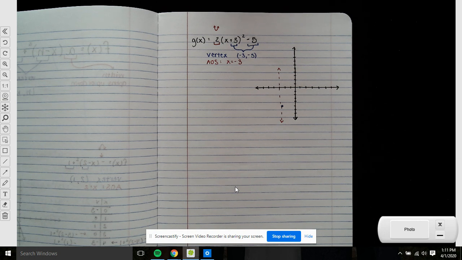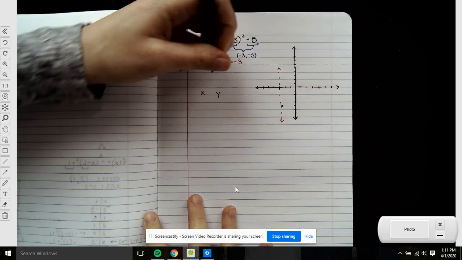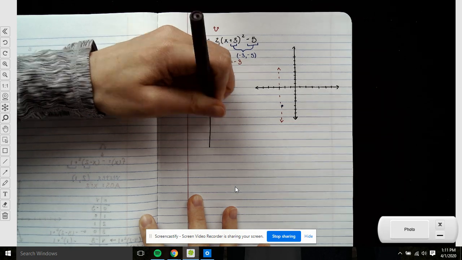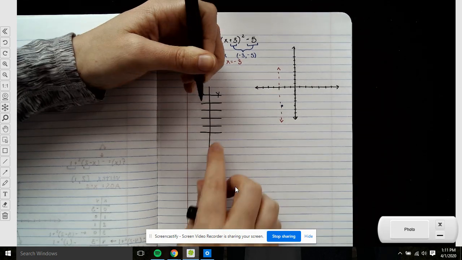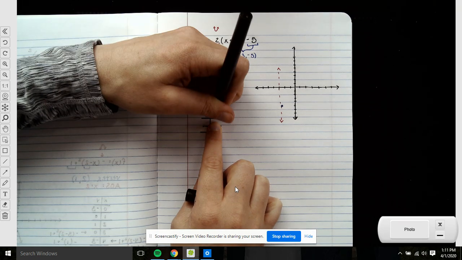All right, so this starts really quickly because you already have your vertex and axis of symmetry given to you right there. So now I'm going to make my table and put my vertex right in the middle of it. 1, 2, 3, 4, 5. My vertex will be here, so negative 3 comma negative 5.